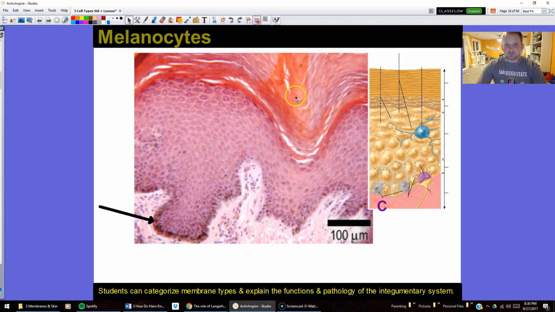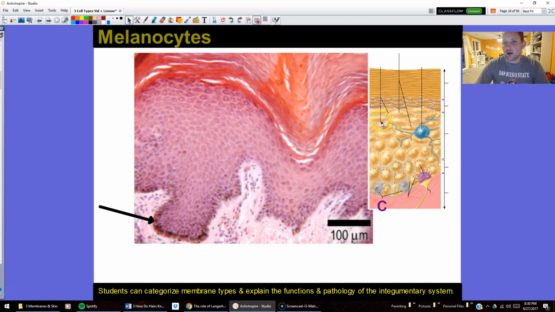So melanocytes, looking at this, these heavy layers of stratum corneum up here, these dead cells on top, all the way down to the very bottom, the stratum basale, you find this dark pigmentation. These are the melanocytes, the cells that pump out melanin. Melanin is just a protein. So I have these gray melanocytes, but I have this dark pigment melanin that they are pumping out into these yellow keratinocytes.